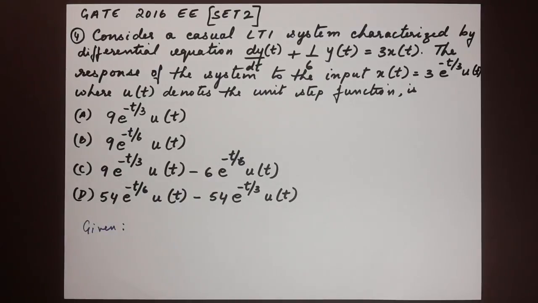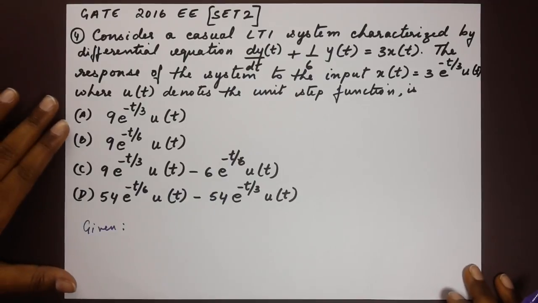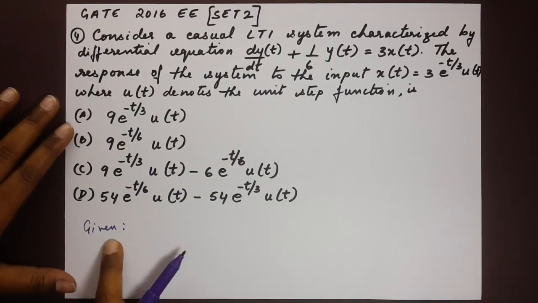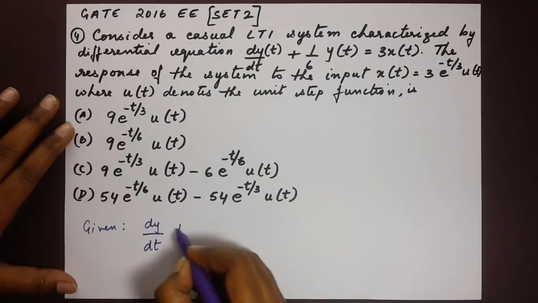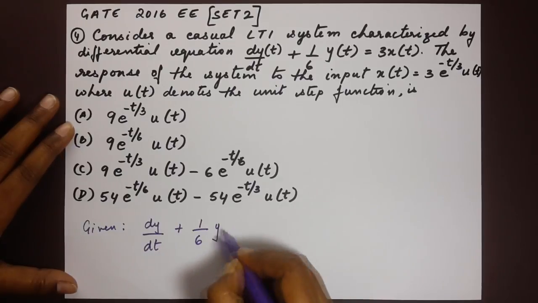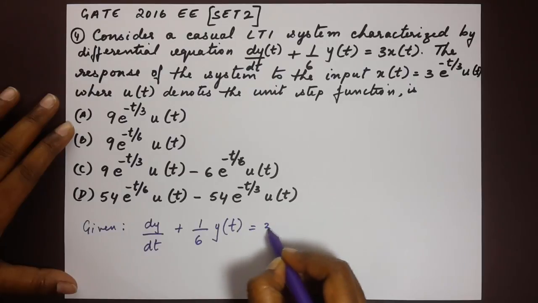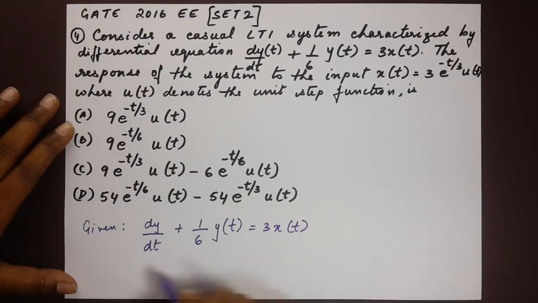Okay, so here the system has been characterized by the differential equation. So let's just write down what the given equation is: dy/dt + (1/6) y(t) = 3x(t).